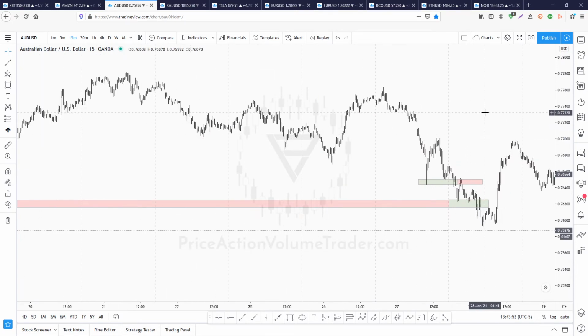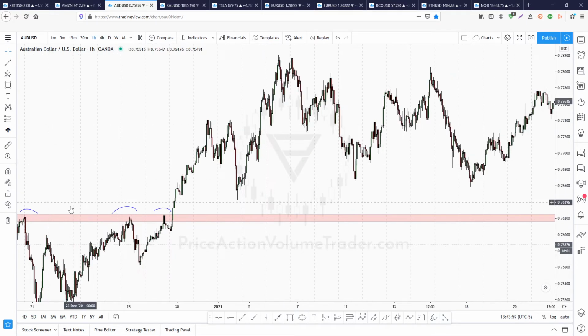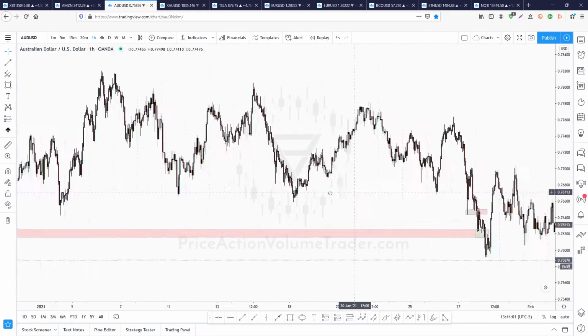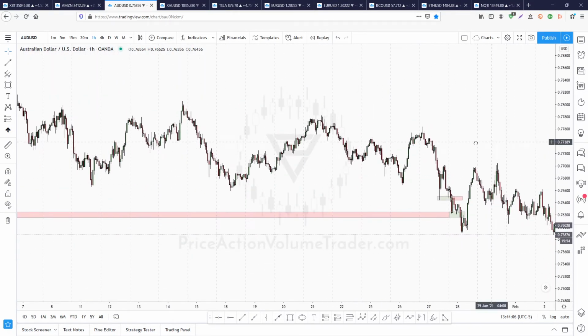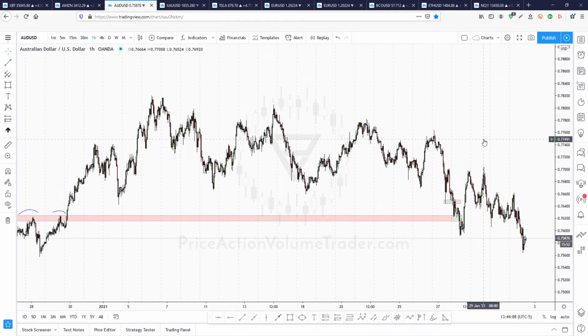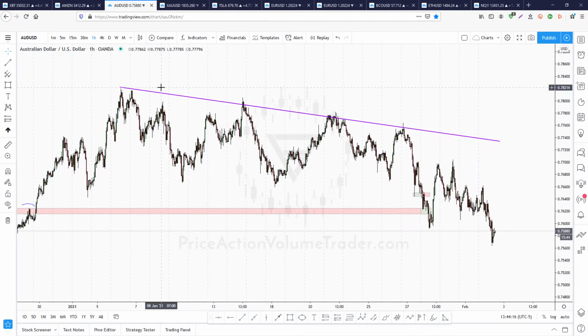And what gave us a sign that this level might not be as efficient as we thought, even though we had all this time back? Well, if we look at it from a price market structure perspective, we can see that price was trending down.